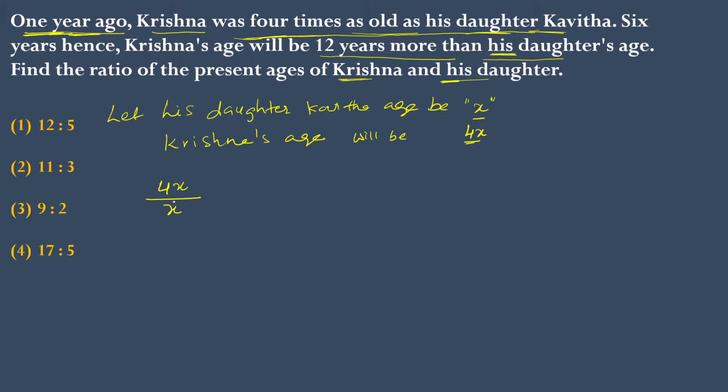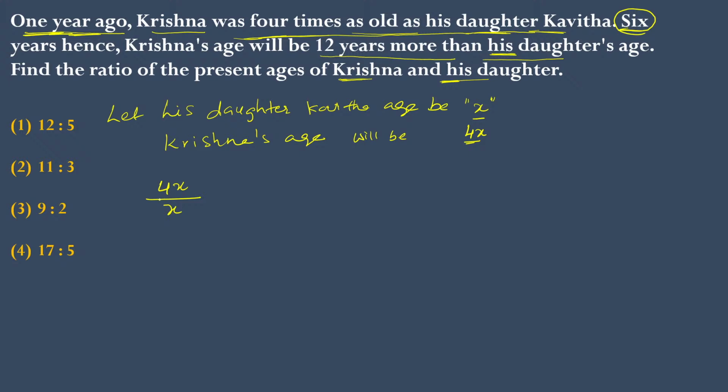Here they have given 6 years hence, Krishna's age will be 12 years more than his daughter's age. Here 4x is Krishna's age 1 year ago.